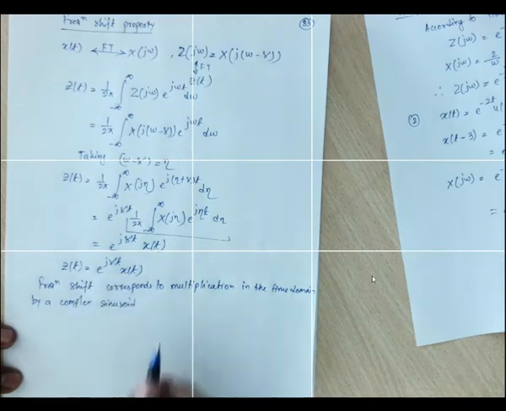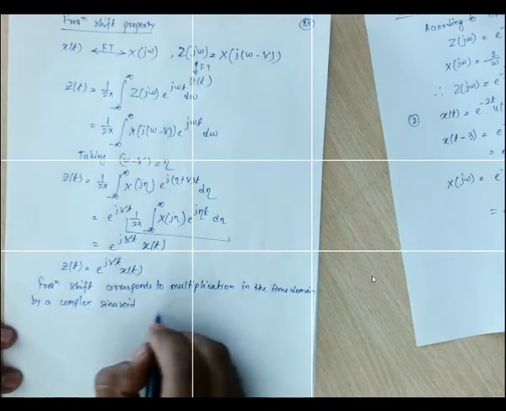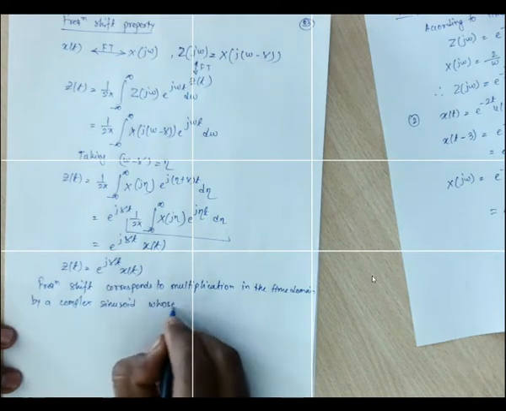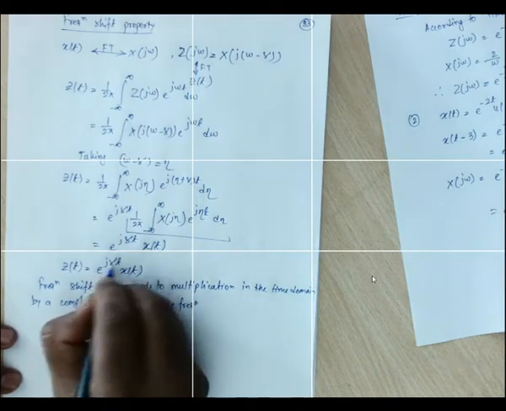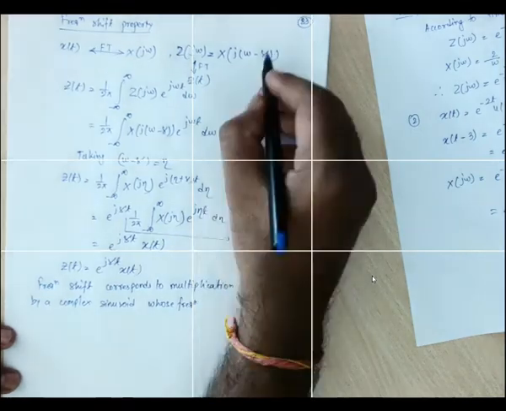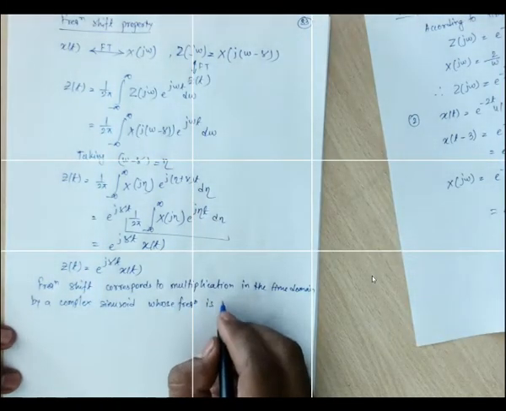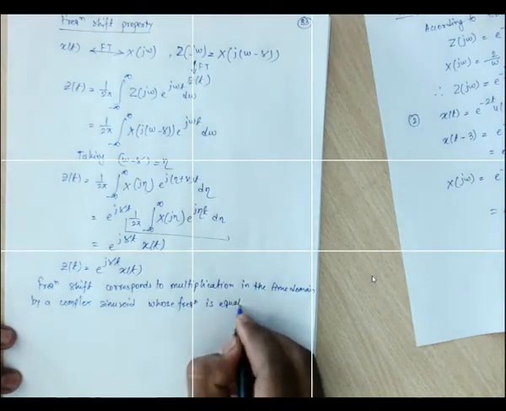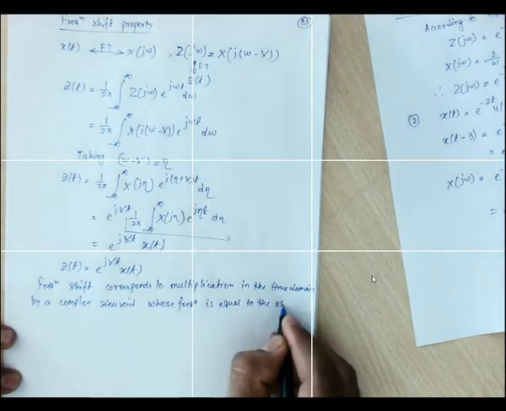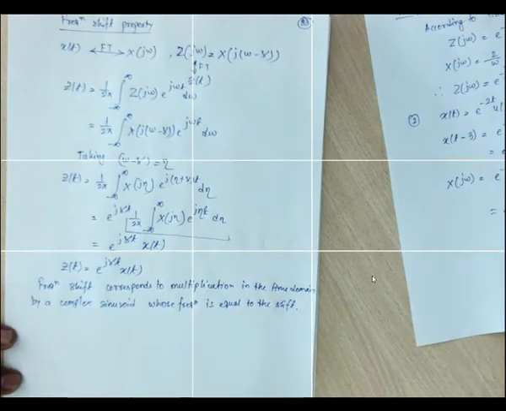This is a complex sinusoid whose frequency, this gamma is the shifting parameter, is equal to the shift.